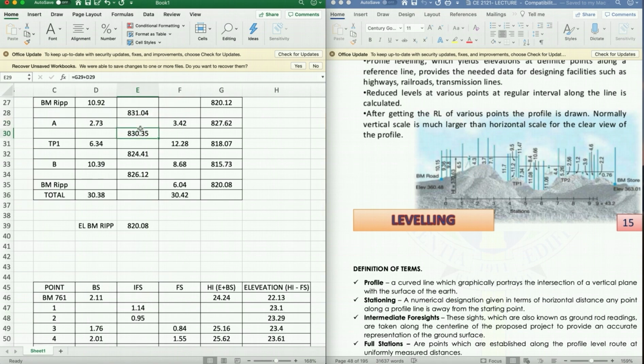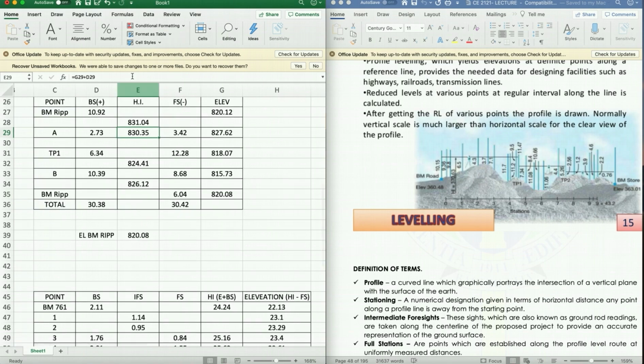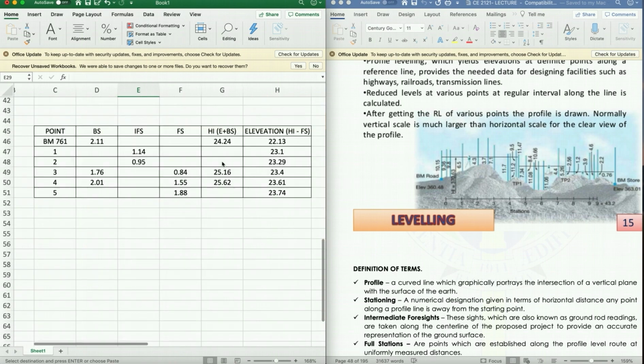Hindi natin tinabi. Okay? So, ganito kasi yung ginawa natin dito. Nakaganyan siya. Okay? Tapos, foresight, elevation, diretso na dito. Ito, minus ito, lalabas doon. Okay? So, medyo naiba lang yung process.